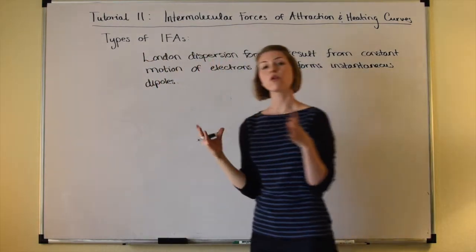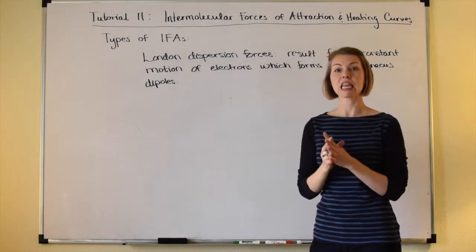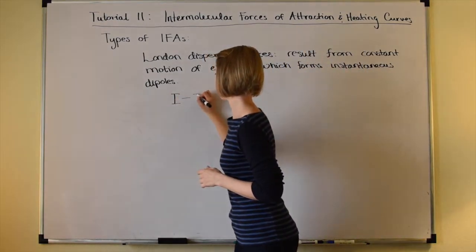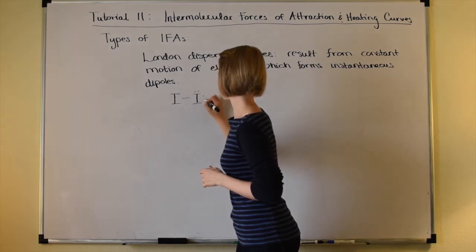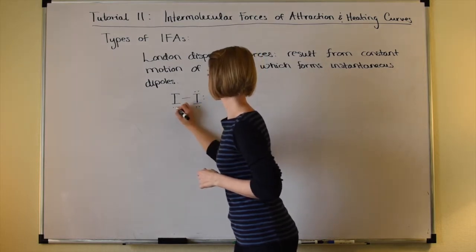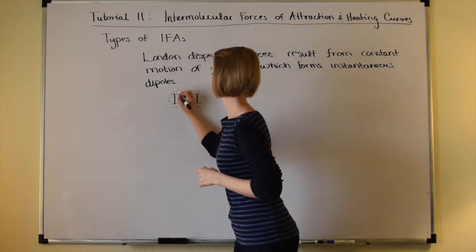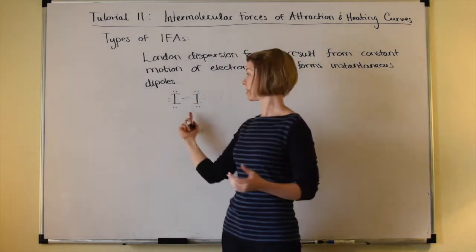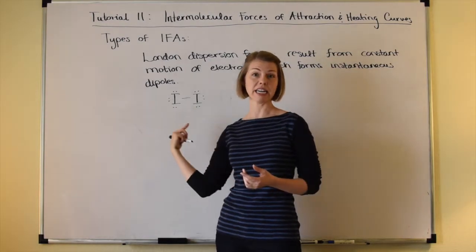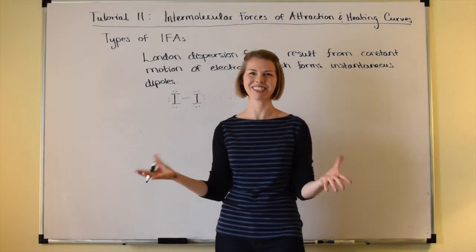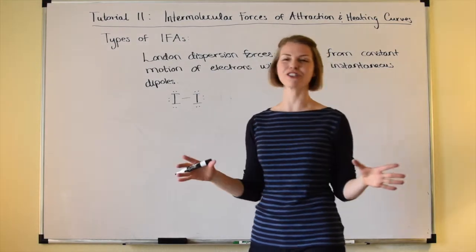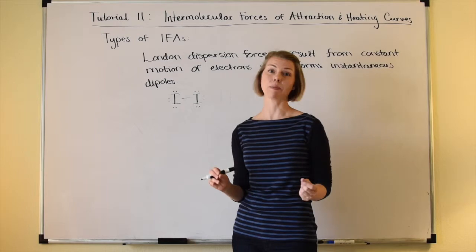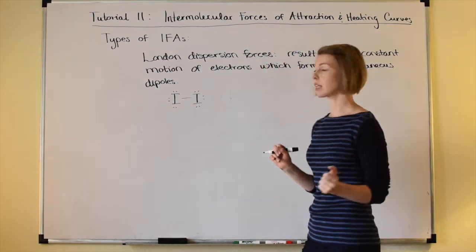Okay, so for an example of this, let's go ahead and stick with iodine, because that was the example that we just gave a moment ago. Okay, so I'm going to draw the Lewis structure here. We know that it is a nonpolar molecule because the delta EN between the two iodine atoms has to be 0, right? So no partial positive, no partial negative charge buildup within this molecule. It is a great example of a nonpolar molecule.